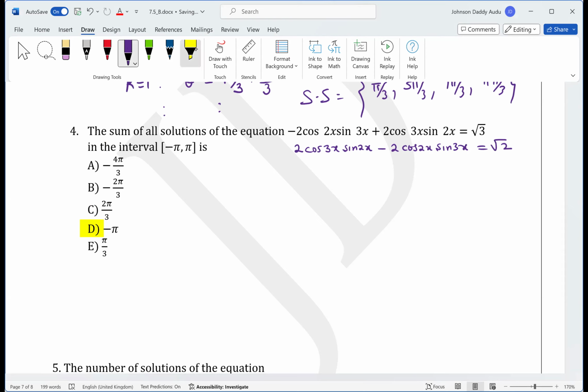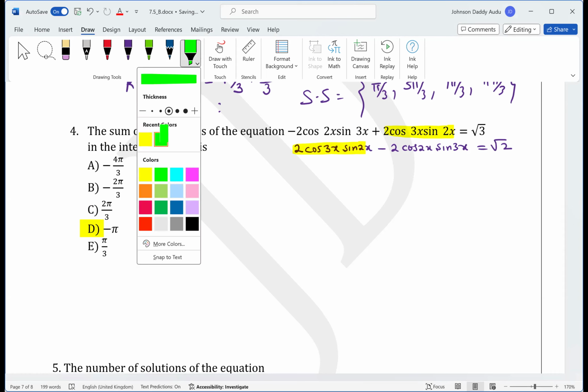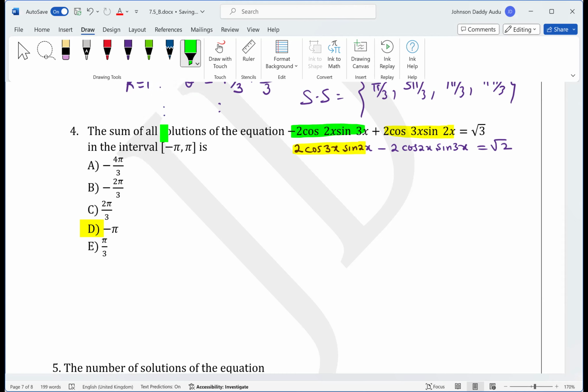So this one is the same thing as this one. Then this here is the same thing as this one, with the minus sign. So that's what I did. Just interchange position. And this should be root of 3, because nothing changed here.